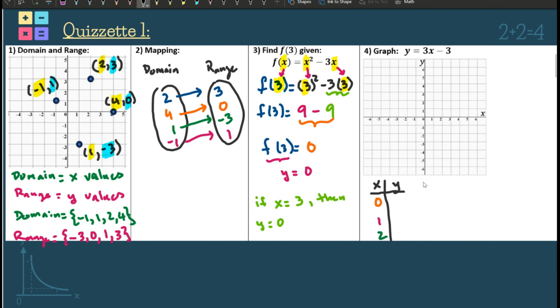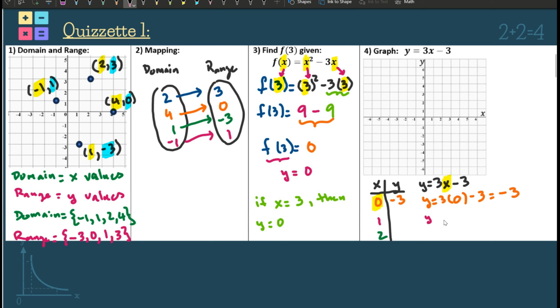Given y equals 3x minus 3, when x is 0, y equals 3 times 0 minus 3. 3 times 0 is 0, minus 3 is negative 3. So when x is 0, the corresponding y value is negative 3.